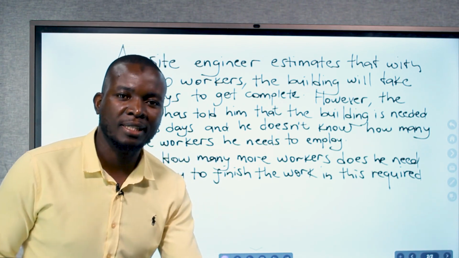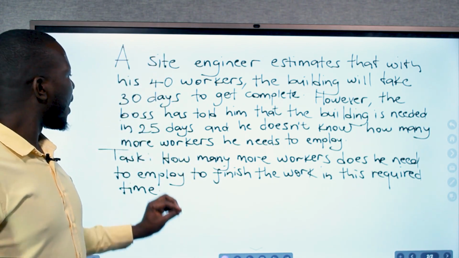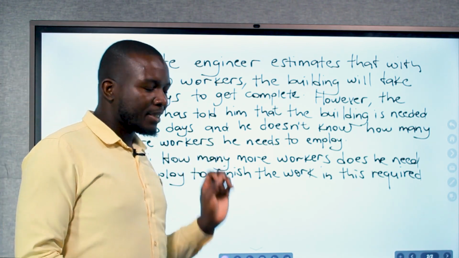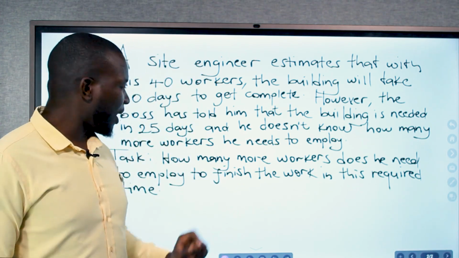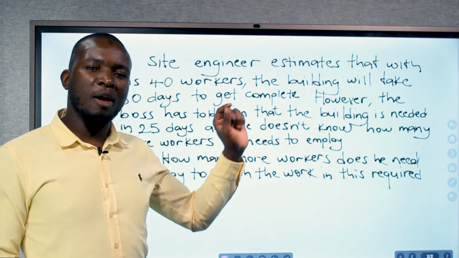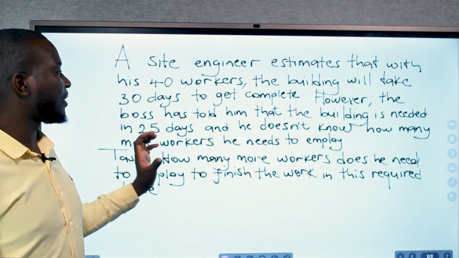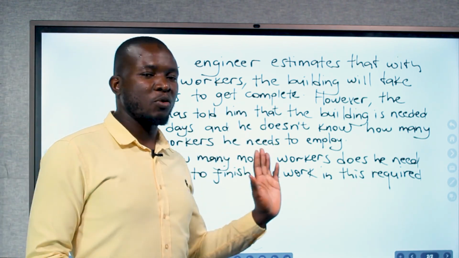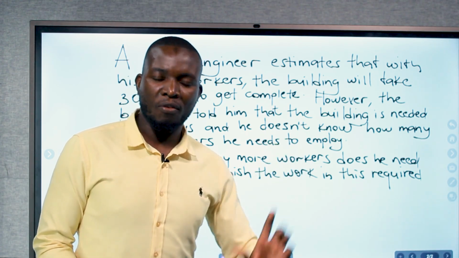Now, what's your task? They want you to help this site engineer to determine how many more workers he will need to employ to get this work done in the required period of time.